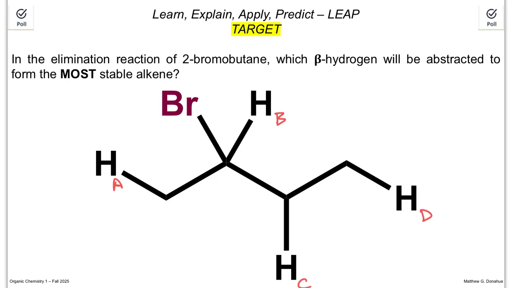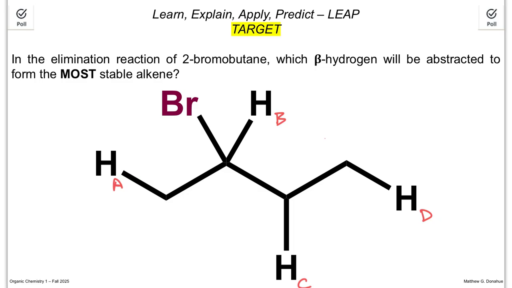So which beta hydrogen will be abstracted to form the most stable alkene? So what do you think?